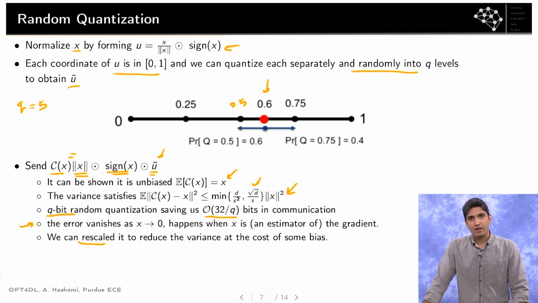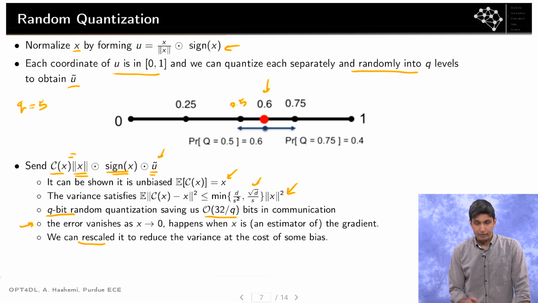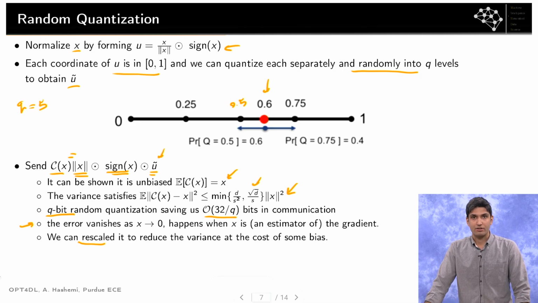The randomized way, on the other hand, says that let's find the top two levels that are near this 0.6, in this case 0.5 and 0.75. Now do the assignment in a randomized way, such that the closer the level is, the higher the chance of assigning that level to our number, in this case 0.6.